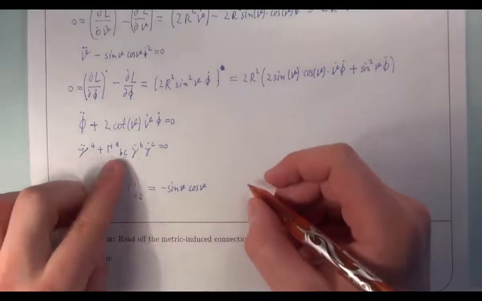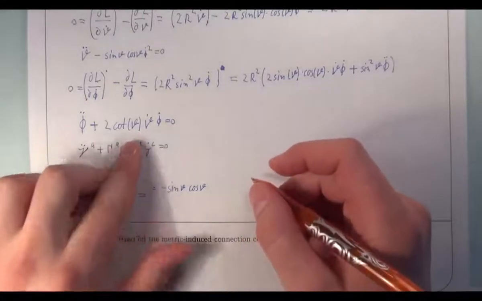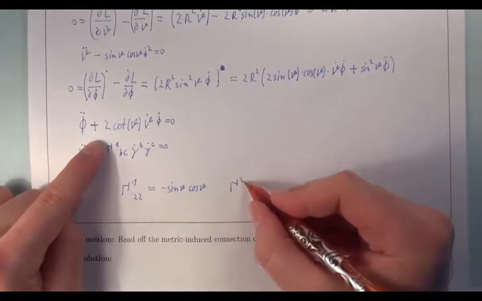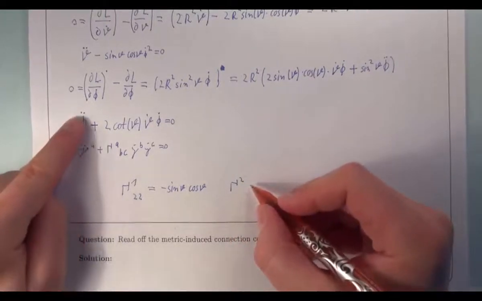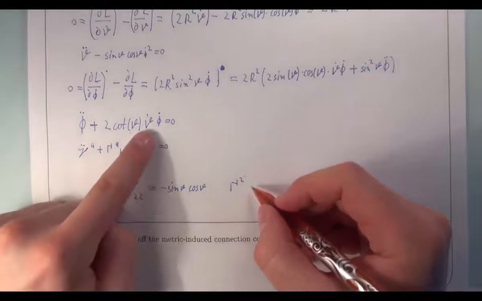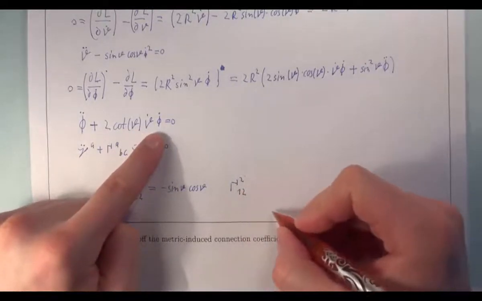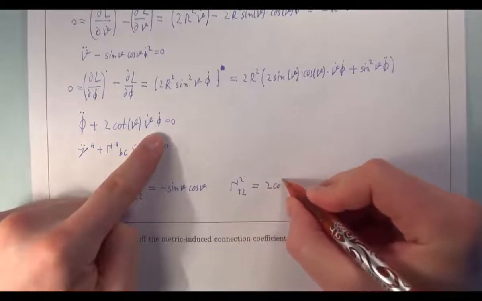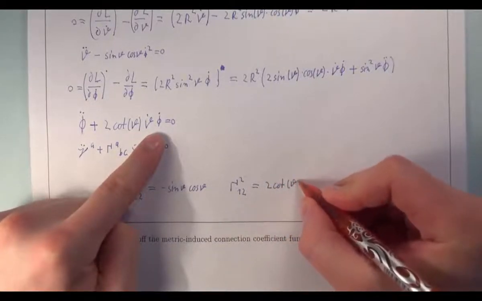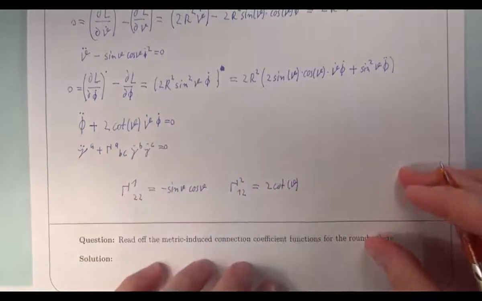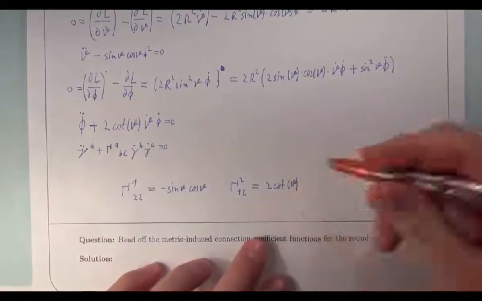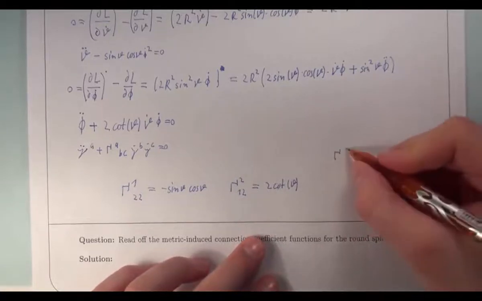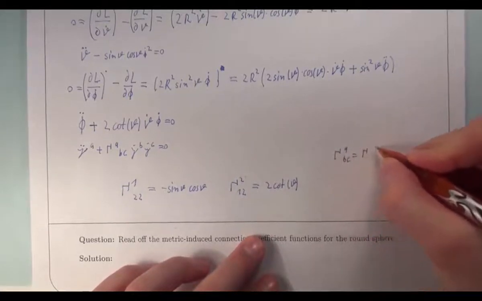Now we just look at the second equation and we see that from there we can read off gamma 2, then here's a 2, of 1, 2, very good, is equal to 2 times cotangent of theta. And I now really did a small mistake, since we know from the torsion-free that gamma ABC is gamma ACB.